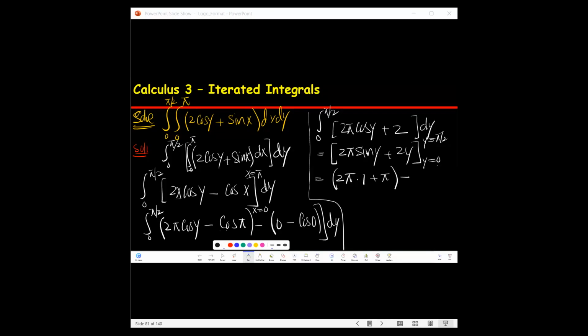Minus, if you substitute 0 over here, sine 0 is 0, so everything becomes 0, and 2 times 0 is 0. So on the second term everything will be nullified, only the first term left, so it's going to be 2 pi plus pi, the answer is 3 pi.